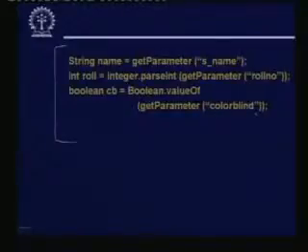Similarly, color blind is the third field, you will be getting the value false, getParameter, Boolean.valueOf, if you call this it will be converted into a boolean value which you assign. So, here you see the simple code snippet in Java where you can access the parameter values passed through HTML and you can assign them to some Java variables which you can use in whatever you want after that. Okay? Fine.